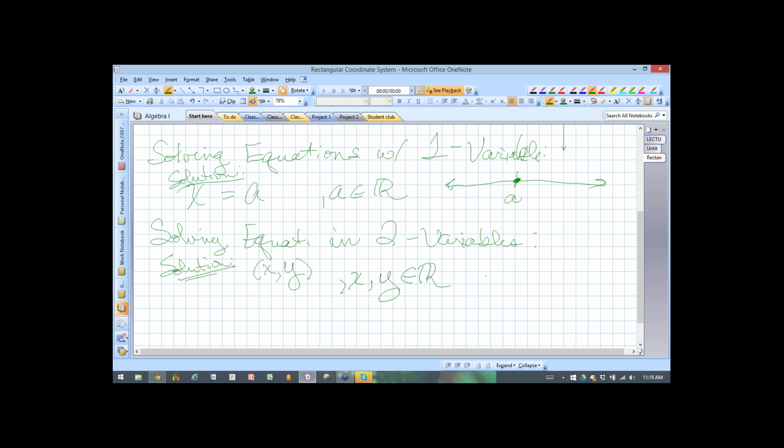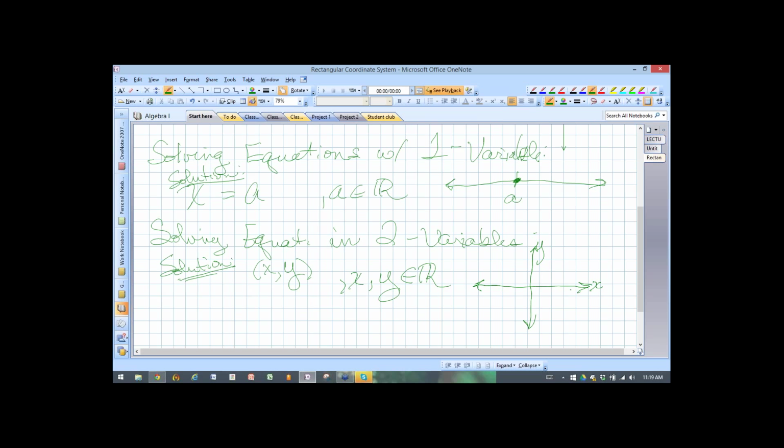Now instead of just that one number, that single solution, we have two-dimensional solutions. We have two solutions to consider.